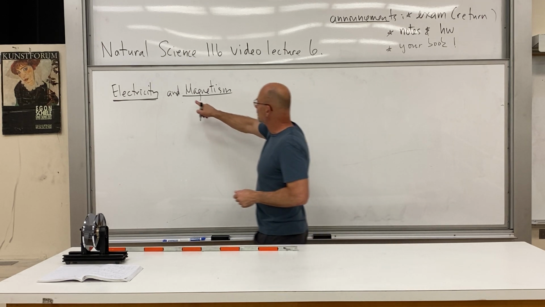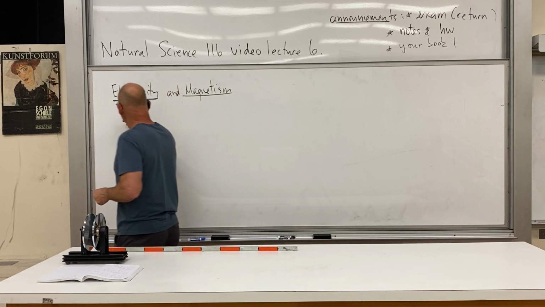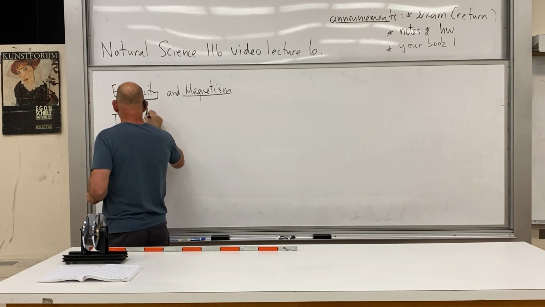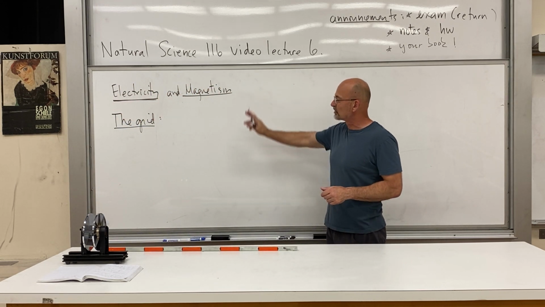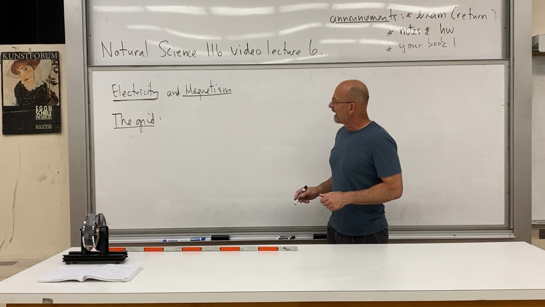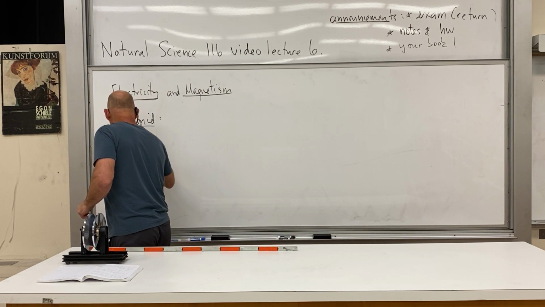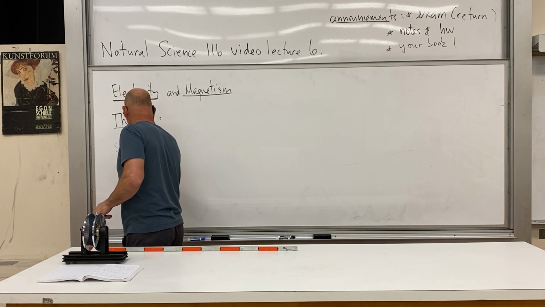So we need this electricity and magnetism discussion in order to be able to talk about the grid, the electrical grid that we're all hooked up to. It's what makes our whole civilization run. And then we want to extend the discussion into solar power, which we've already mentioned.